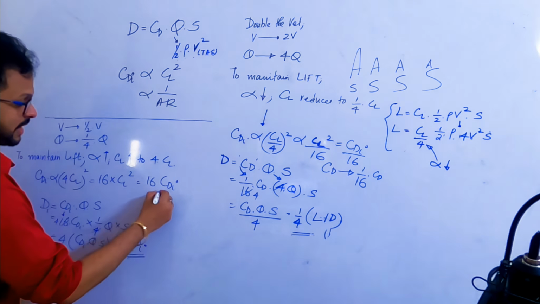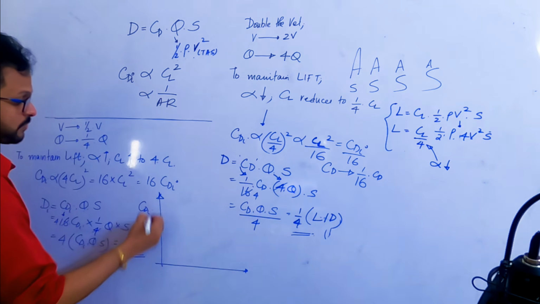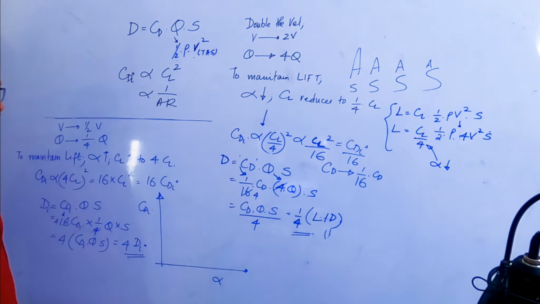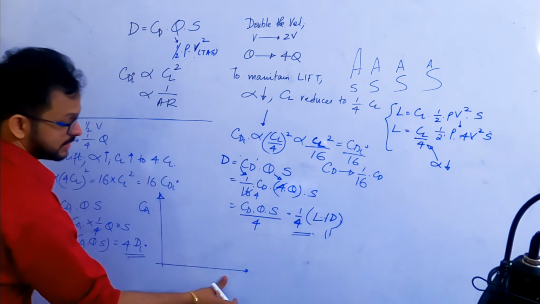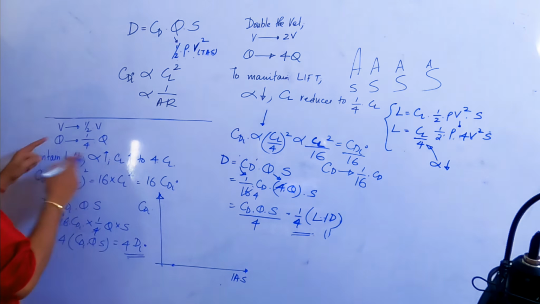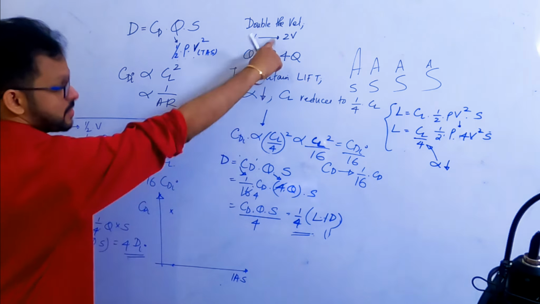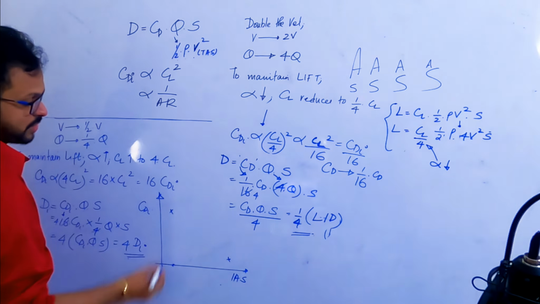Again, we have the graphical representation of this, which we have studied before: the graph between coefficient of induced drag and angle of attack, and indicated airspeed. At lower speeds, as the speed is lesser, you have higher coefficient of induced drag. As you go higher on the speed, the lift induced drag reduces.